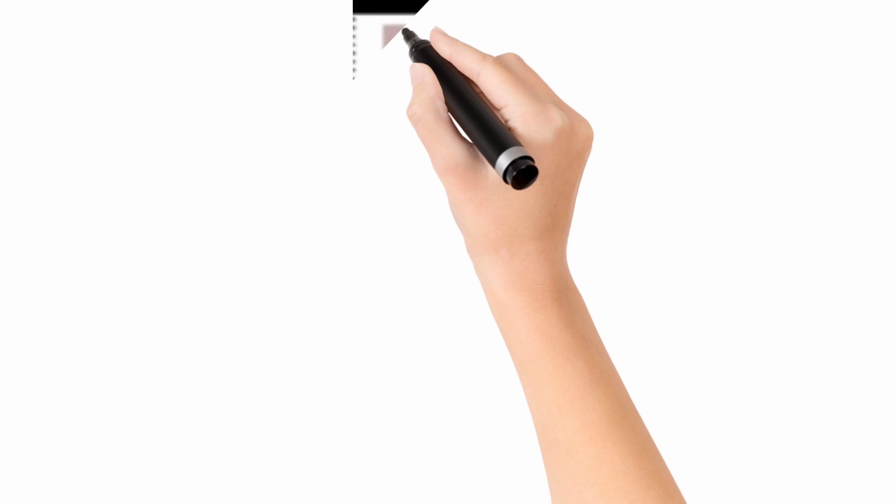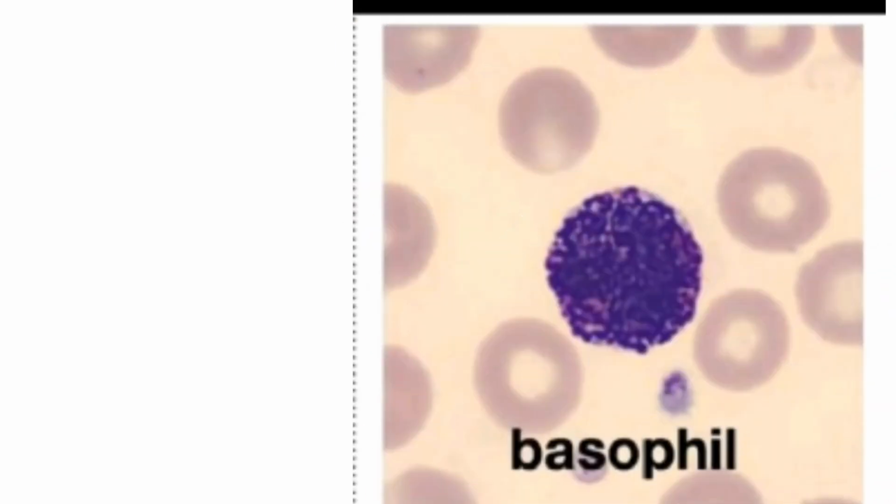Okay, so basophils are similar to mast cells, except that the mast cells are widely distributed in tissues throughout the body, while the basophils are present in the blood. So that's the difference between the basophils and the mast cells. The basophils are seen in the blood, B for blood, whereas the mast cells are present in tissues.